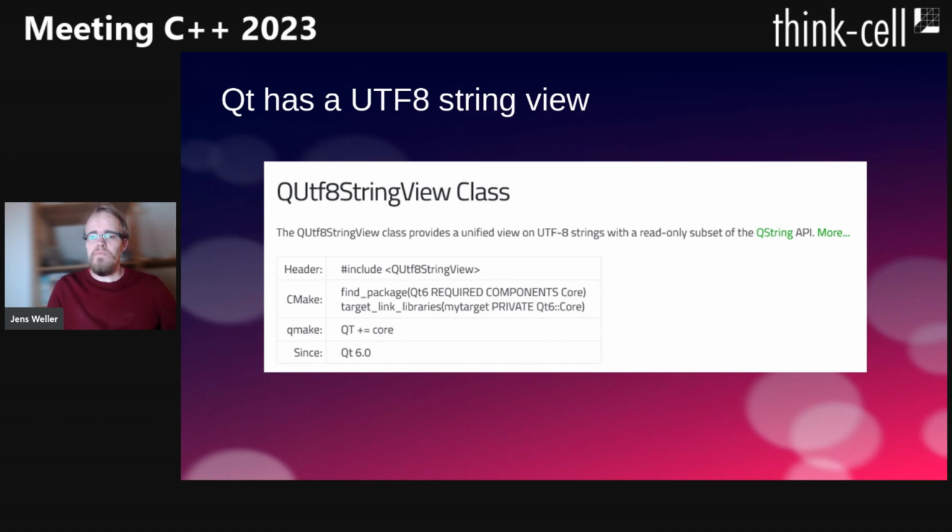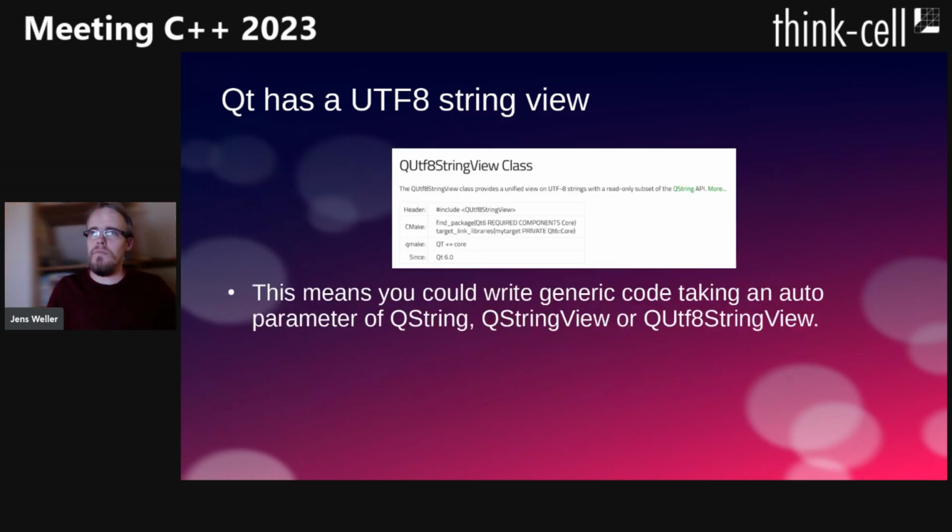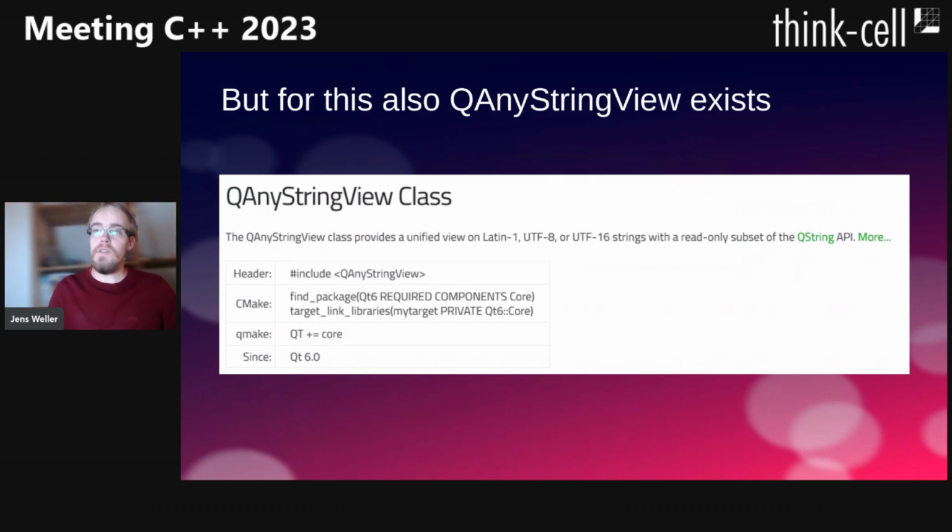This means you could write generic code taking an auto parameter of what could be a QStringView, a QString or a UTF-8 string view. So you would be more flexible in the code you write and able to make it more generic. There even is an AnyStringView. So you can do that, but it's also the way Qt is.